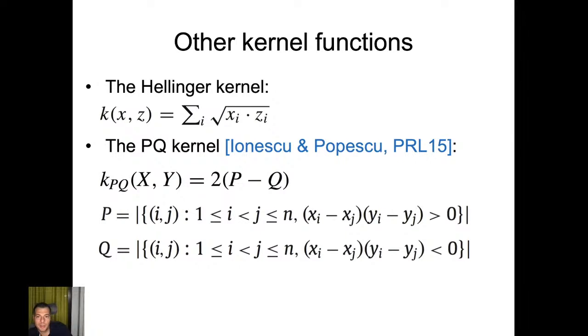For this kernel, we actually transformed the Kendall tau measure that I presented in the second lecture into a kernel function. The kernel is defined as 2 times the difference between p minus q. Notice here that we do not have the normalization as in Kendall tau.